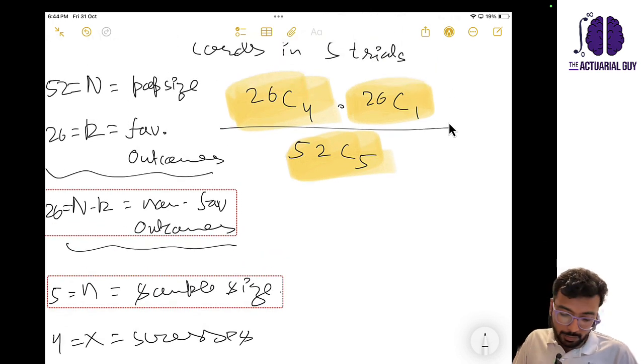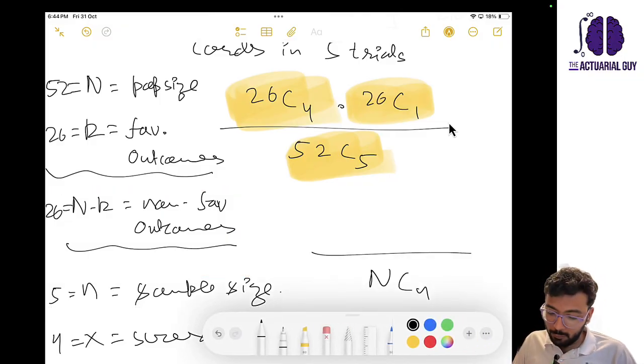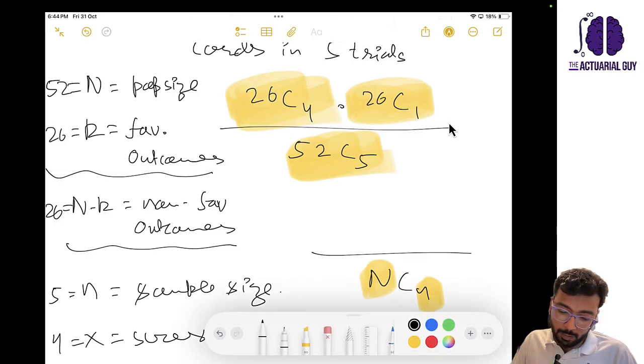So how did we calculate this probability? In the denominator I take N choose n, right? That is choosing from a population of size N a sample of size small n. And then what are my favorable outcomes?